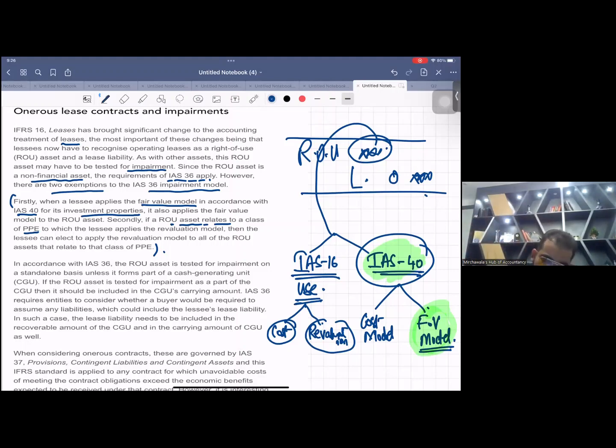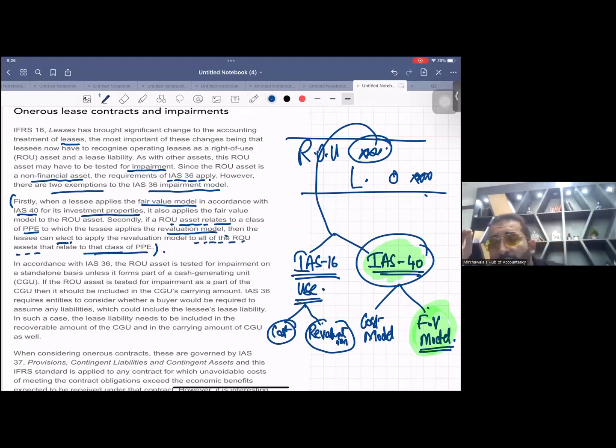If an ROU asset relates to a class of PPE for which the lessee applies the revaluation model, then the lessee can elect to apply the revaluation model to all of the ROU assets that relate to that class of PPE.